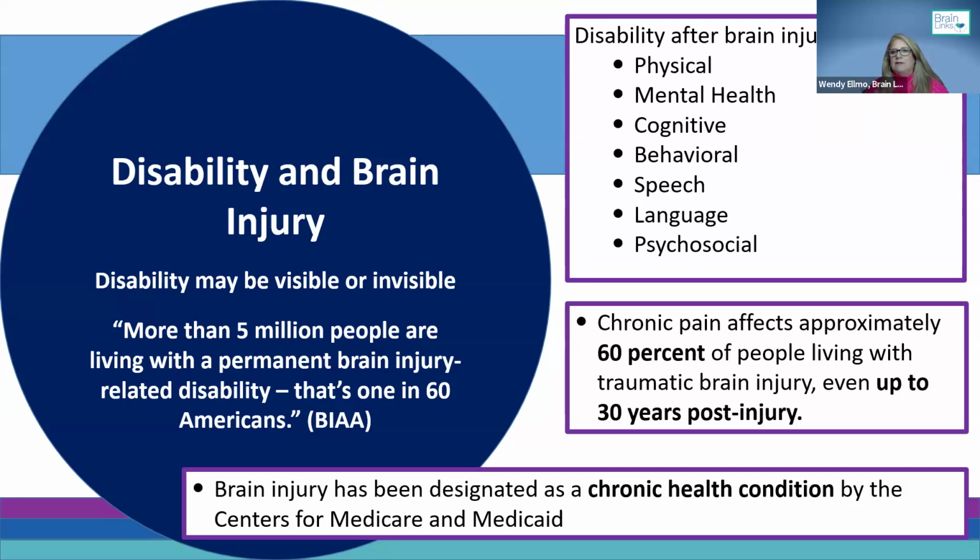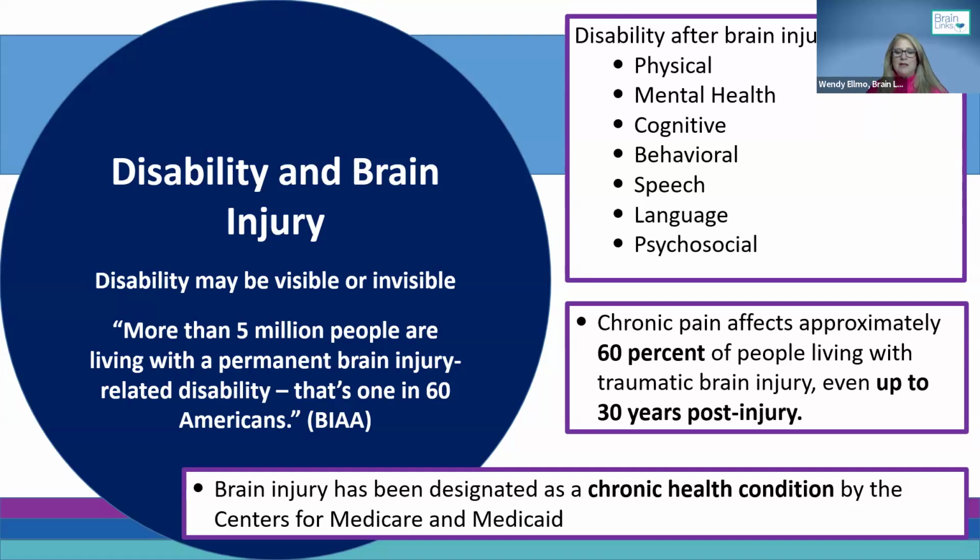Carrie covered all of the different kinds of disabilities, and we see them all after brain injury. Your brain's responsible for everything, so you can have a disability in anything. And like we said, chronic pain is a very big issue for people with brain injury. It could be lifelong. The study that I'm quoting here was up to 30 years, which is tremendous for a study, but people have it sometimes for life.